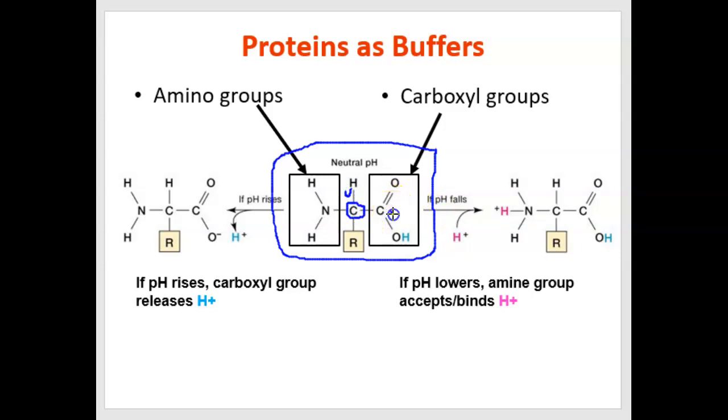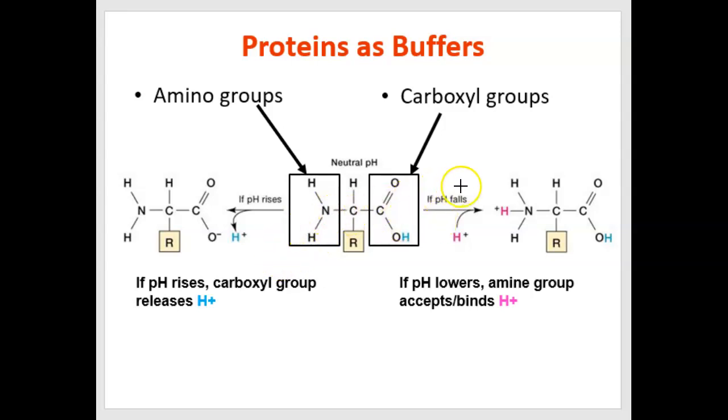It's bound to a carboxyl group, an amine group, and a side chain, which can vary depending on which of the 20 amino acids you're talking about, and we just use the letter R. So the amino groups of all proteins and all amino acids can actually accept a hydrogen ion.